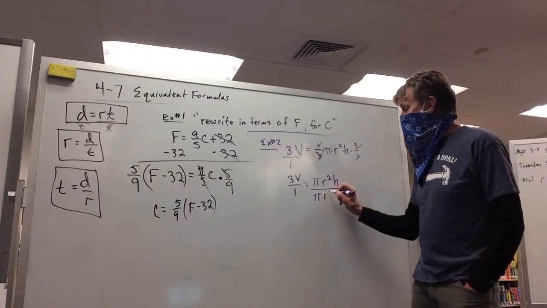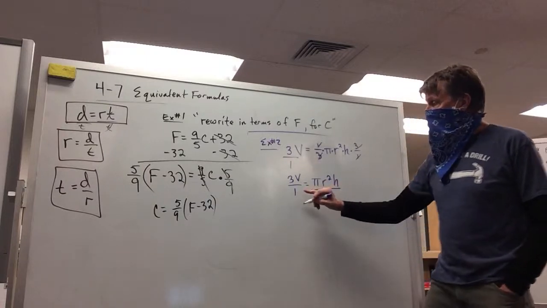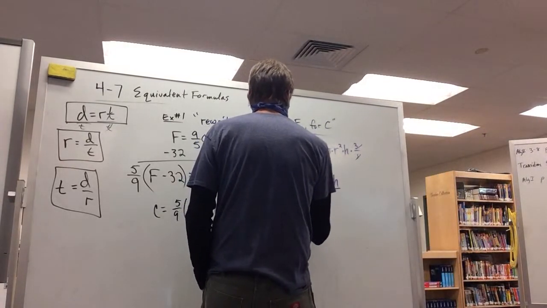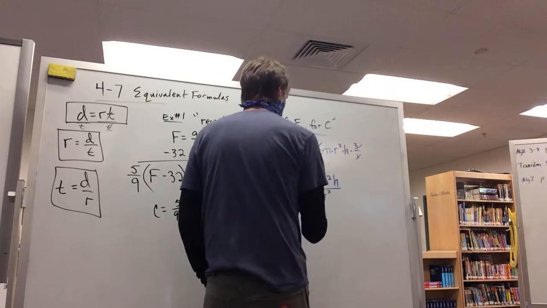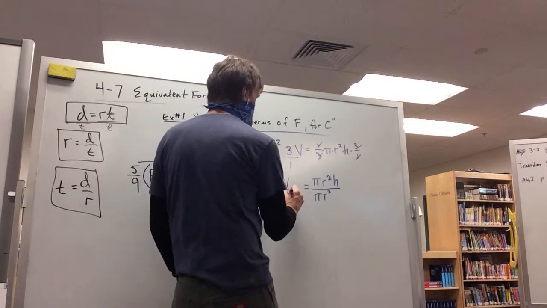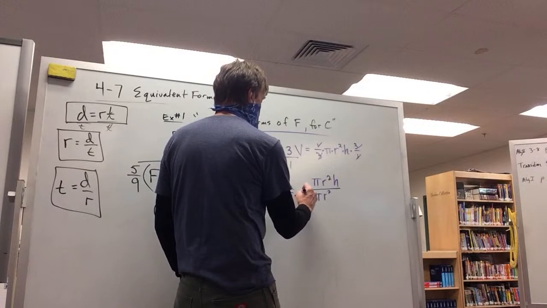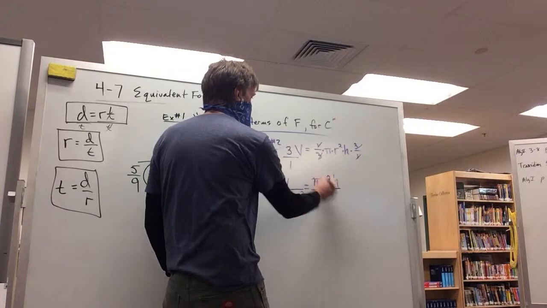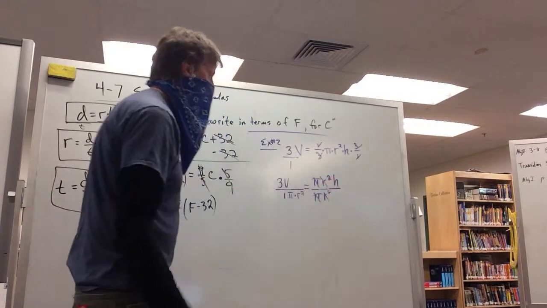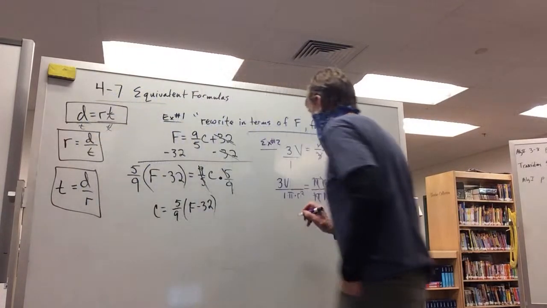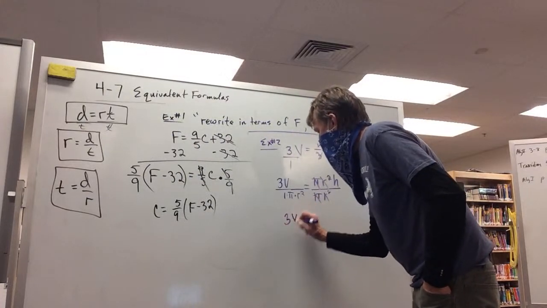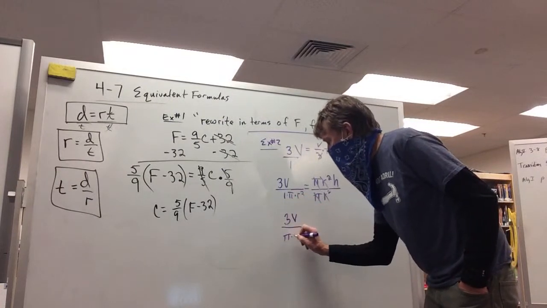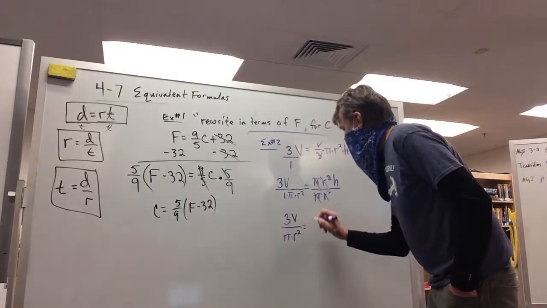R squared. So then if we come over here, I'm going to write this with a little bit more room. We also have to divide this side by pi and by r squared. So pi is gone, r squareds are gone. From the right-hand side, you're left with h. So 3v divided by pi r squared is equal to the height.